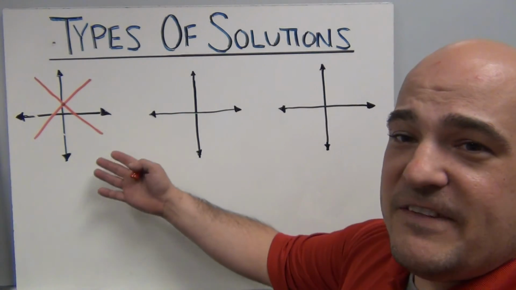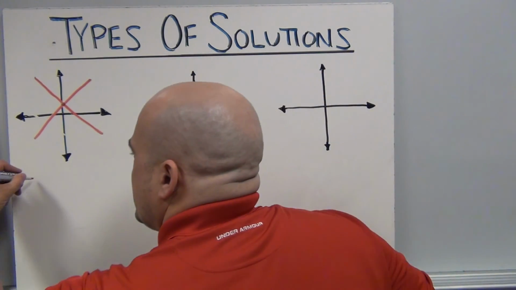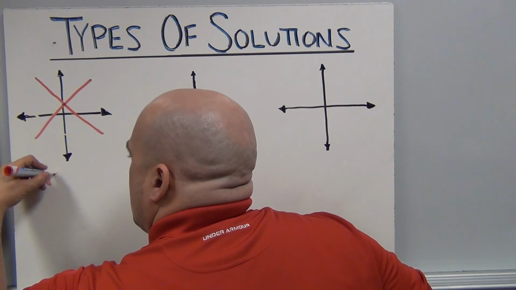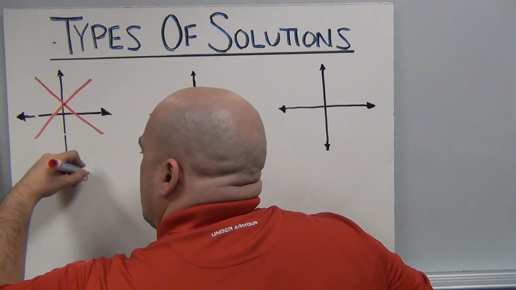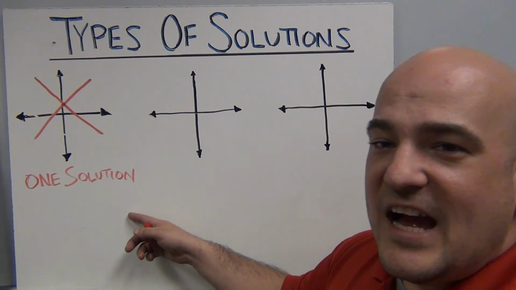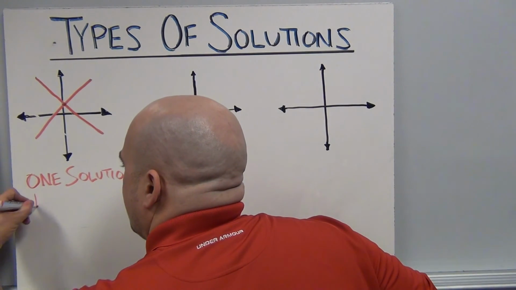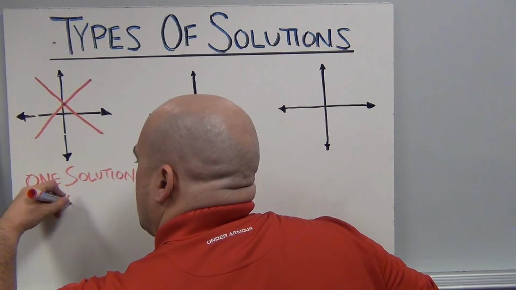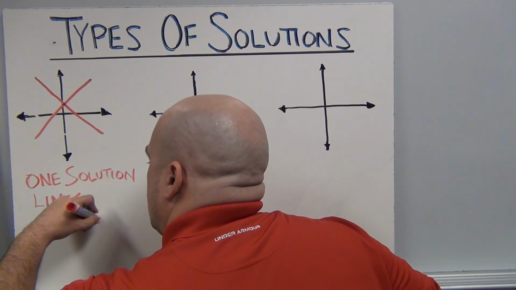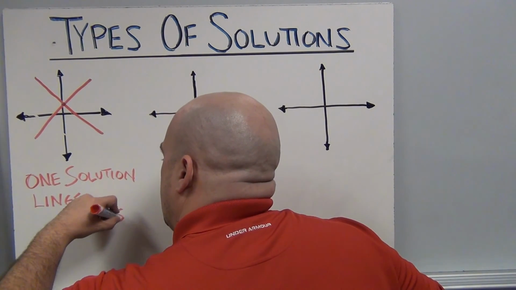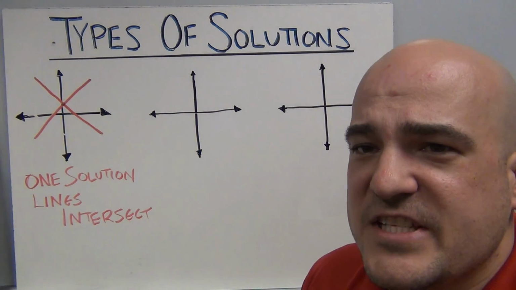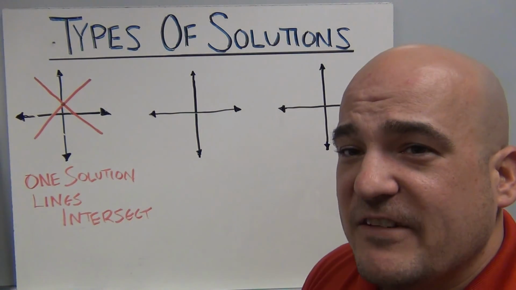So if this happens, then we're going to have one solution. And that means that our lines intersect. All right, so that's the most common thing that could happen when we graph these two lines.